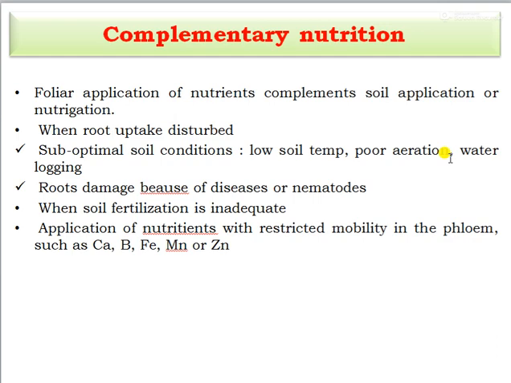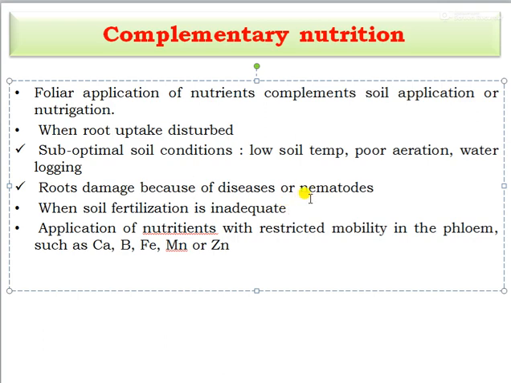Root uptake can be disturbed by suboptimal soil conditions, such as low soil temperature, poor aeration, and waterlogging. Another factor that reduces root uptake is root damage because of diseases or nematodes. Also, when soil fertilization is inadequate, apply nutrients with restricted mobility in the phloem, such as calcium, boron, iron, manganese, as well as zinc. This is complementary nutrition.